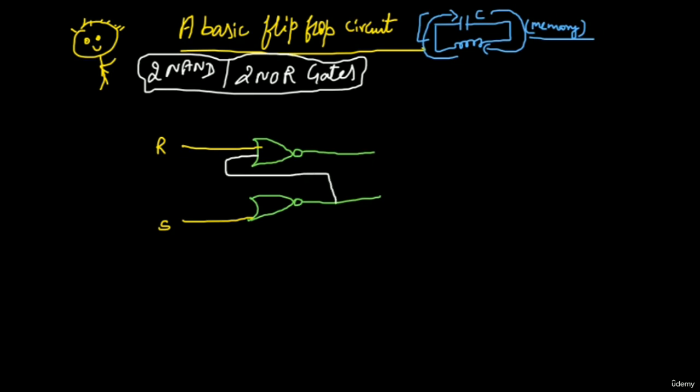Well, here it is, and if I change the color to red, here it is. And the names for the outputs are Q for the first one and Q dash for the second one, meaning the complement of that.